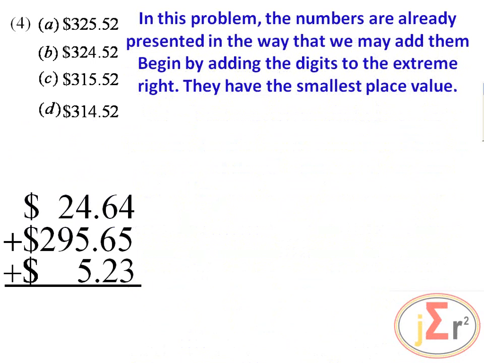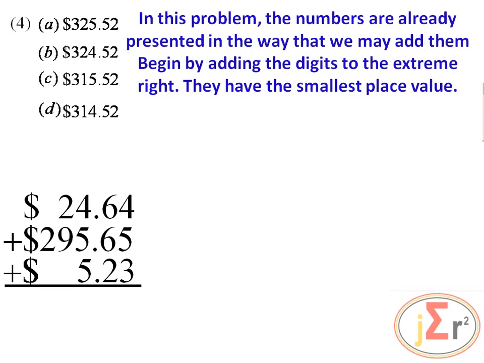In this problem, the numbers are already presented in the way that we may add them. Begin by adding the digits to the extreme right, and at the extreme right is where we find the digits with the smallest place value.